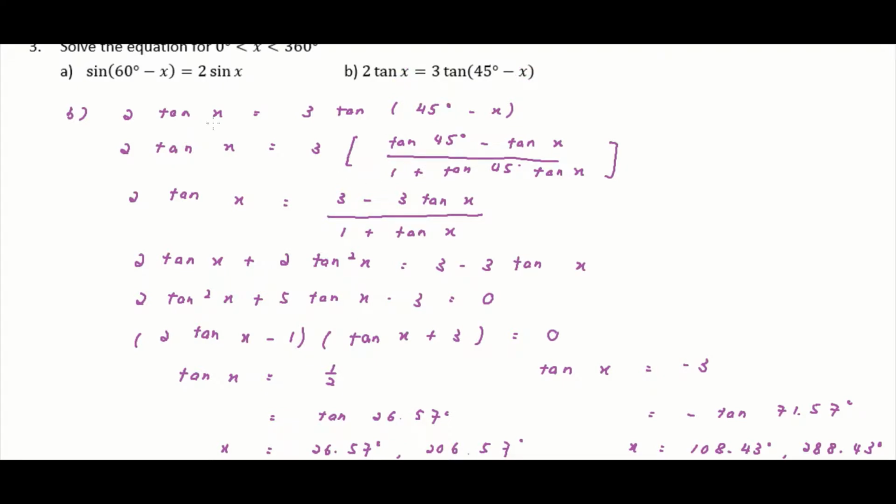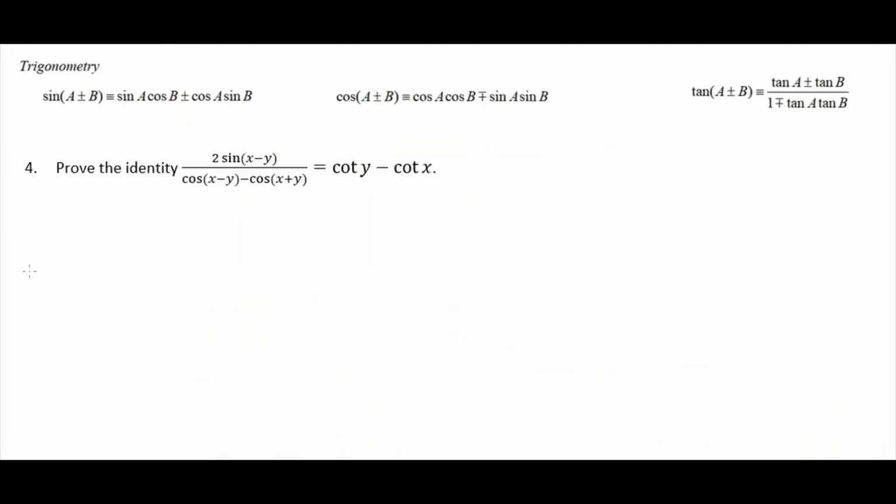Okay, so let's move on to the very last question. Number 4, prove the identities. So let us start with the left hand side. Okay, so we should have 2 sine x minus y over cos x minus y minus cos x plus y. Alright, so I think you definitely can see that you need to expand all three of them.